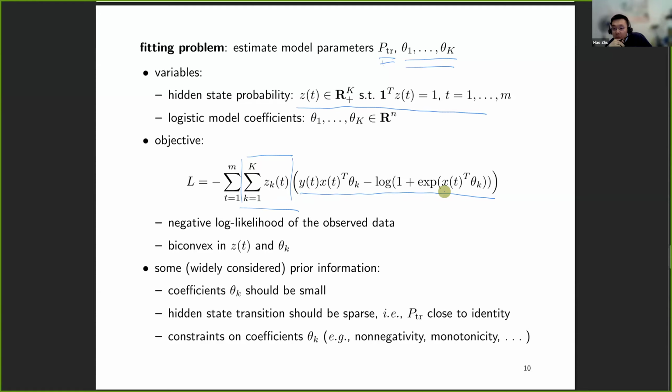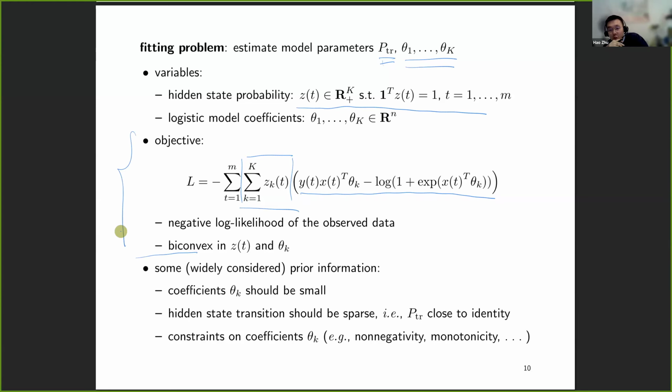And if you fix theta here, this is just a linear, affine objective. So this is biconvex. Okay, so if we stop here and try to find a solver for this objective, this is quite easy, right? You can easily extend the Baum-Welch algorithm, expectation maximization stuff. Maybe you can implement that within 50 lines of code.